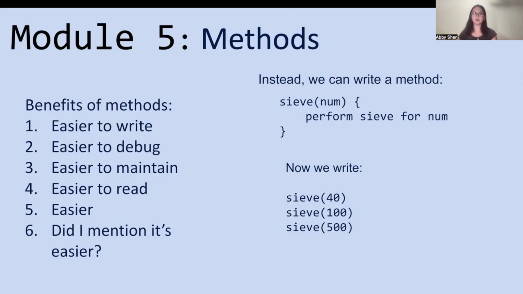So now in our actual program, instead of writing the entire process out 3 times, we can just write sieve with parameter 40, sieve with parameter 100, and sieve with parameter 500. And this would do the same thing, but it's much easier to read. There's less chance for error because you don't need to repeat that whole complicated code 3 times. And just overall, this is a much easier and cleaner way to write your code.